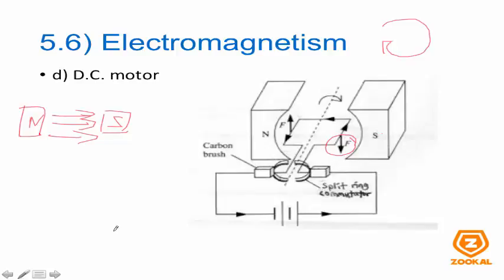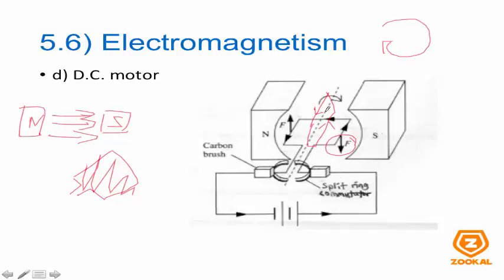However, for DC motors, you realize that once your coil looks somewhat like this, once your coil is perpendicular, so it looks like this, your current flowing through it will be here and here if there was no split ring commutator.